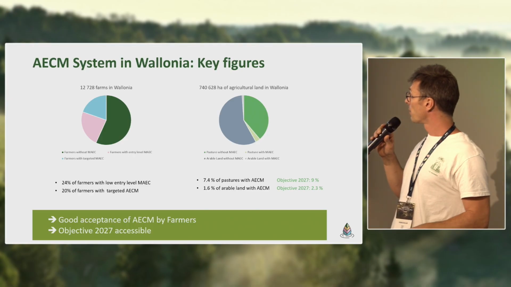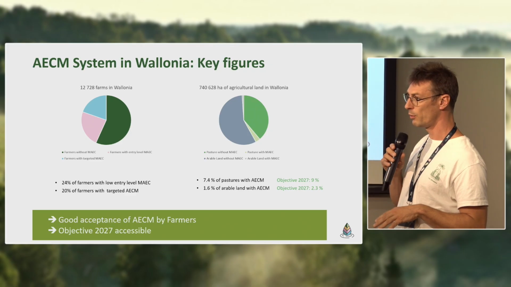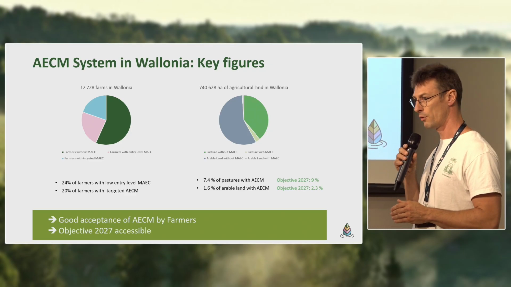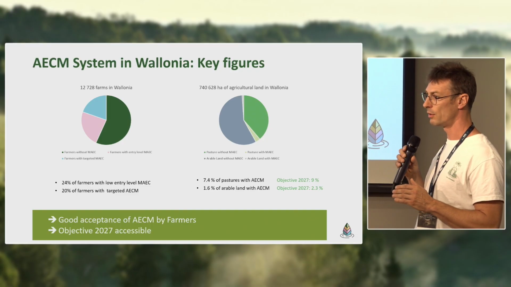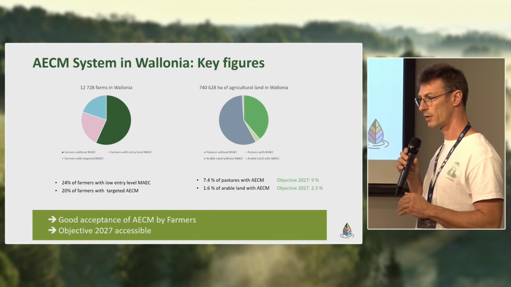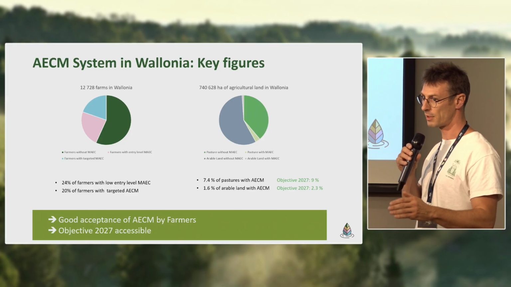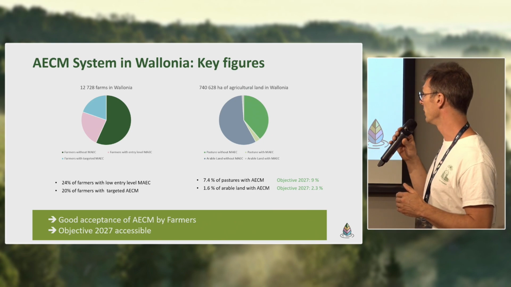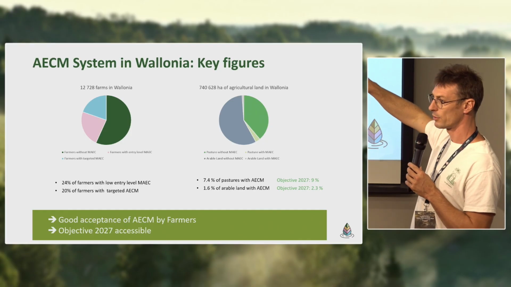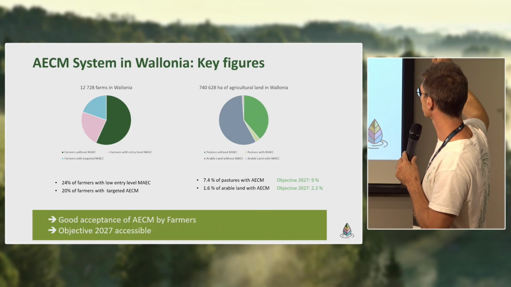So what are the general results of this approach? In Wallonia, we have 12,000 farms, and about 25% of the farmers have entry-level agro-environmental schemes, and 20% of the farms have targeted agro-environmental schemes. So 20% of the farmers are in contact with my colleagues, the farm advisors. This means that about half of the farmers in Wallonia are implementing agro-environmental schemes.